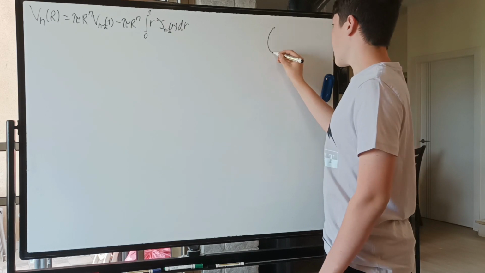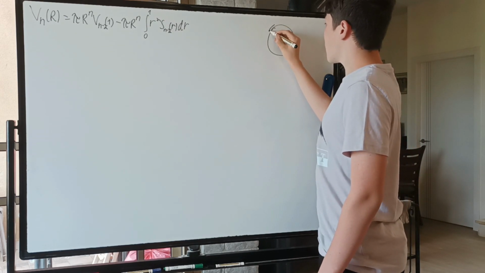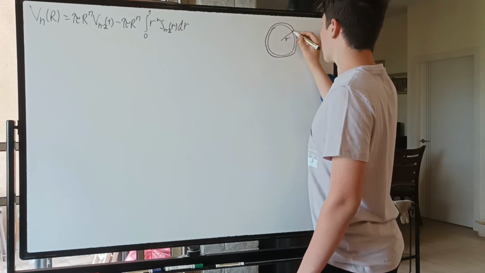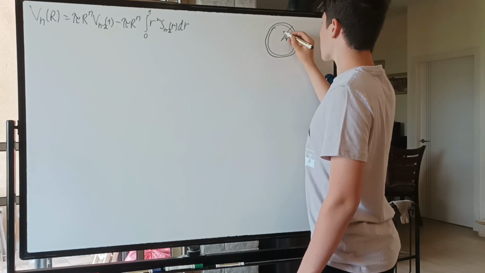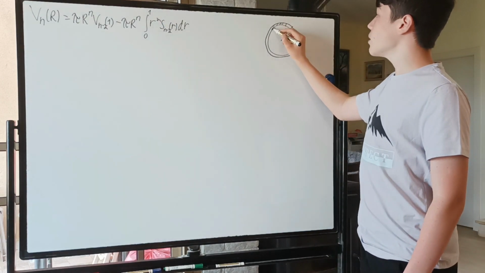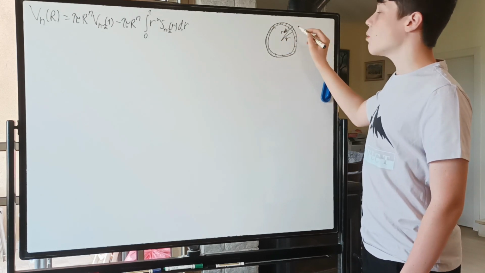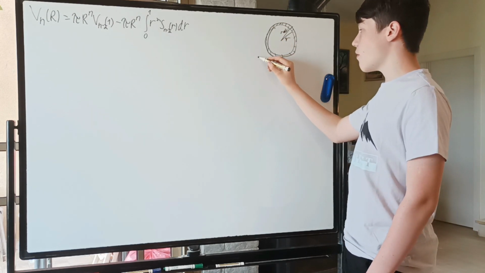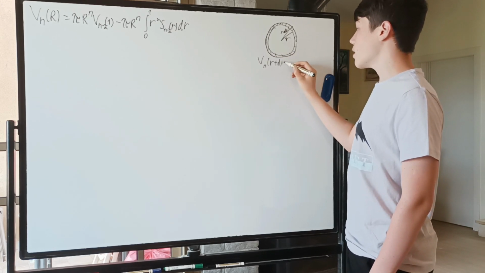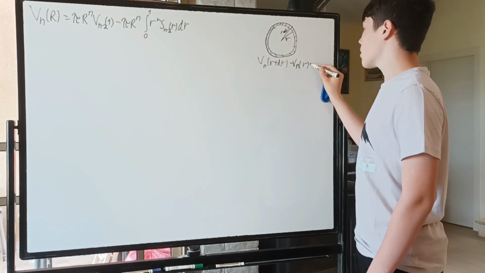Let's say you have an n ball with radius r and another n ball with radius r plus dr. And let's think of the volume of this shape. On the one hand, it's just the volume of an n ball with radius r plus dr minus the volume of an n ball with radius r.